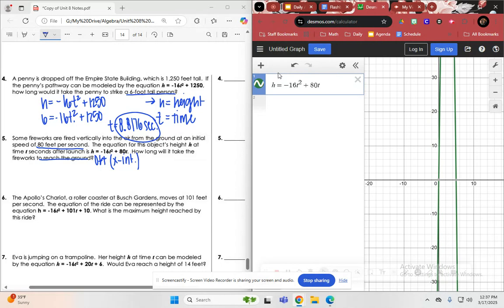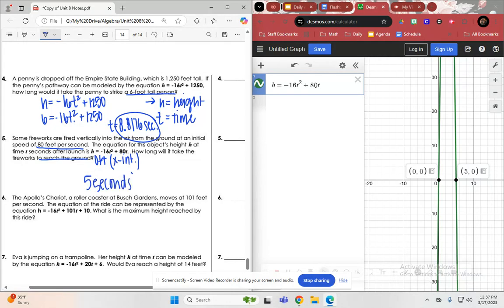Okay, so fireworks are fired up vertically, so I can almost picture it going up, and then when it comes back to the ground, it will take 5 seconds, because we get that 5, 0.